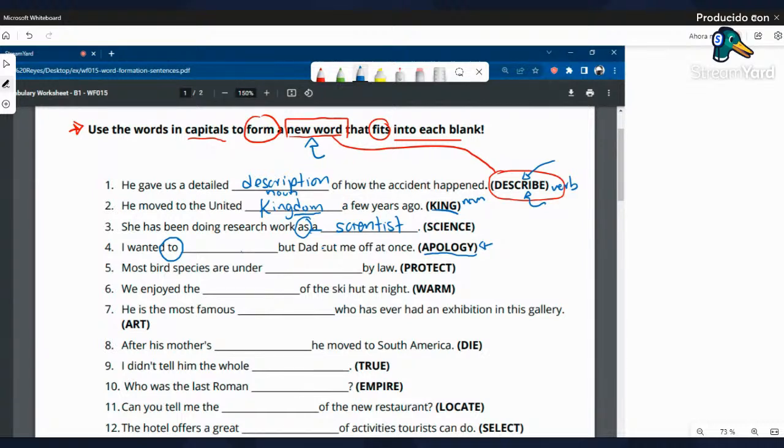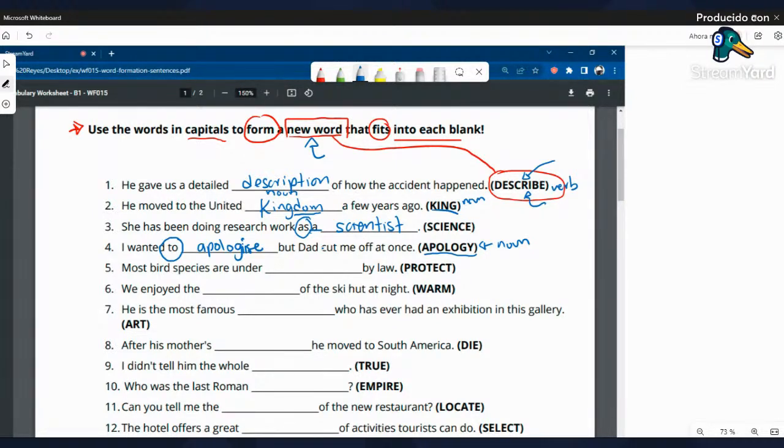So how can this apology, it's a noun. So you need the action of apology. So in this case it would be apologize. I wanted to apologize, but that cut me off at once, so he stopped my apologies.